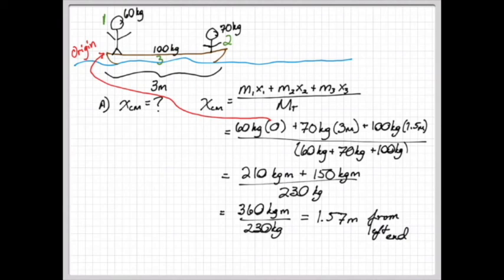Okay, so center of mass problem, same problem we've been doing. But now let's ask a different question. What if that person on the left started walking towards the person on the right? Once they've reached the right end of the boat, how far has the boat moved in the water?